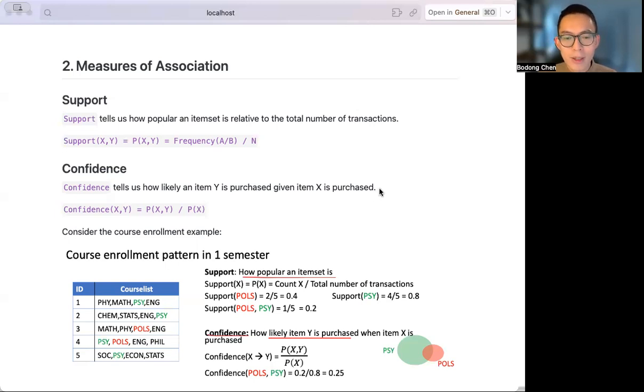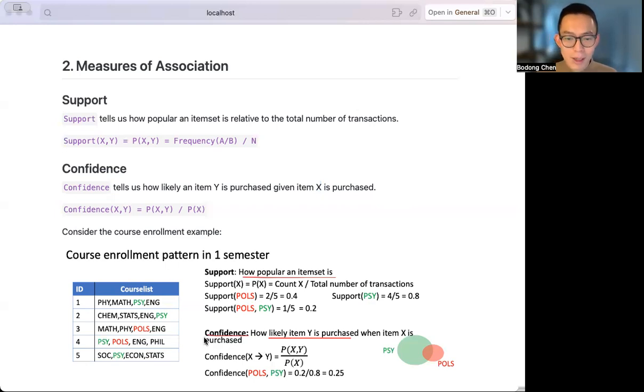This considers how popular item X already is in this list of transactions. Using layperson language, this asks how confident we are about this rule, given the probability of X appearing. It adds another layer of consideration beyond support.